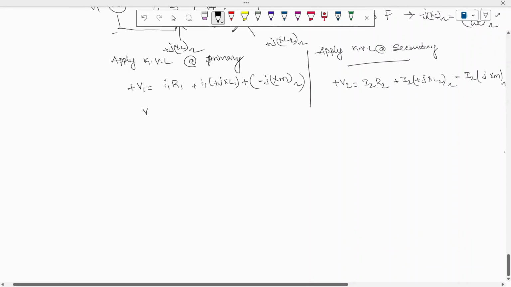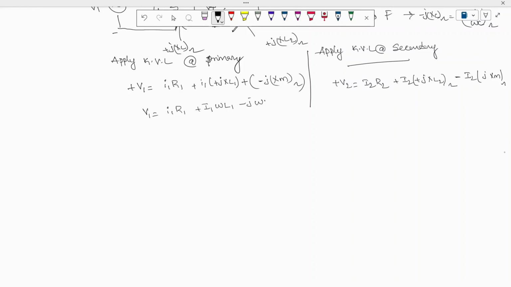So we can write V1 is equal to I1 R1 plus I1 XL, which can be written as omega L1, minus, plus into minus is minus, XM can be written as omega M, multiplied with the value of I2.